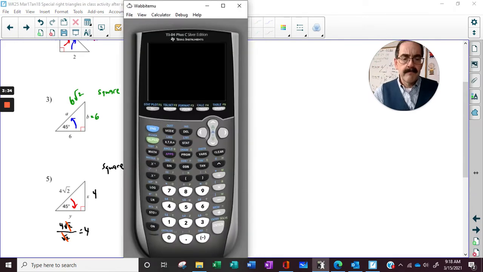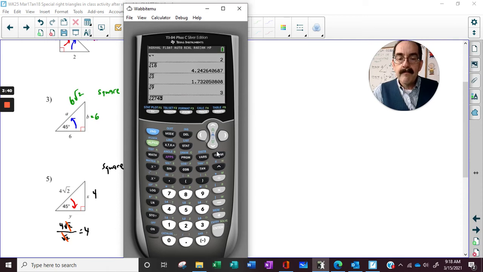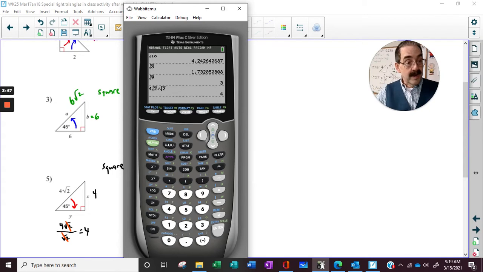Grab a calculator. 4 radical 2 on the outside and divide by radical 2. Anything divided by itself is 1.